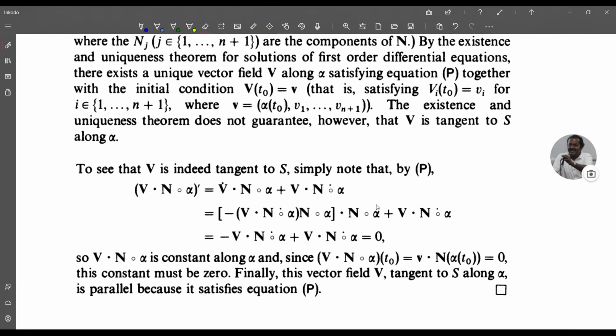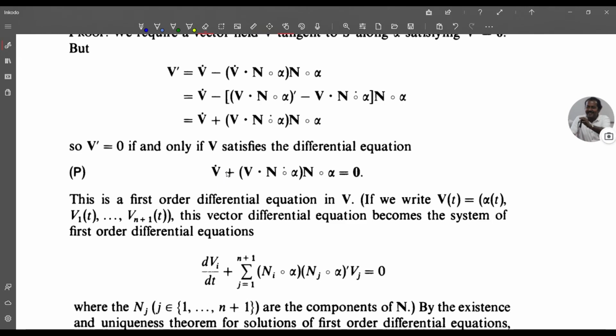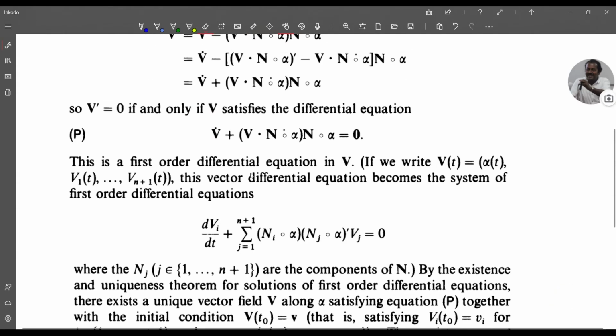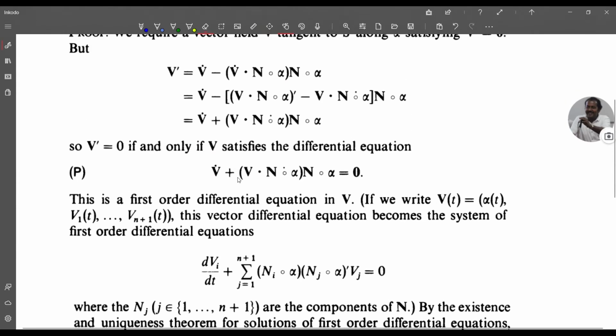And to see this, you consider (V dot n composition alpha) prime. You know that it is V dot prime n composition alpha plus V dot n composition alpha dot. Substitute for V dot from this equation. You know that V dot equals minus (V dot n composition alpha dot) into n composition alpha.